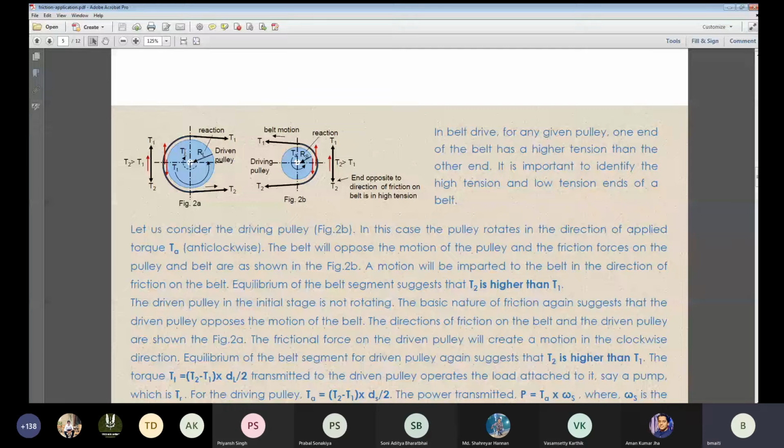What is the resistive torque? This driven pulley is attached to an equipment, say a pump. So obviously this T will be trying to overcome the resistance offered to this particular pulley. What is a pump?